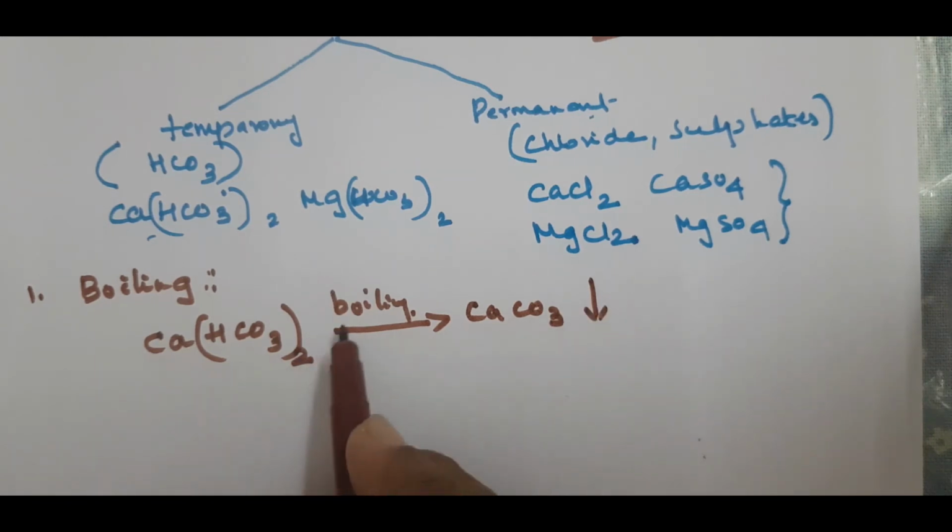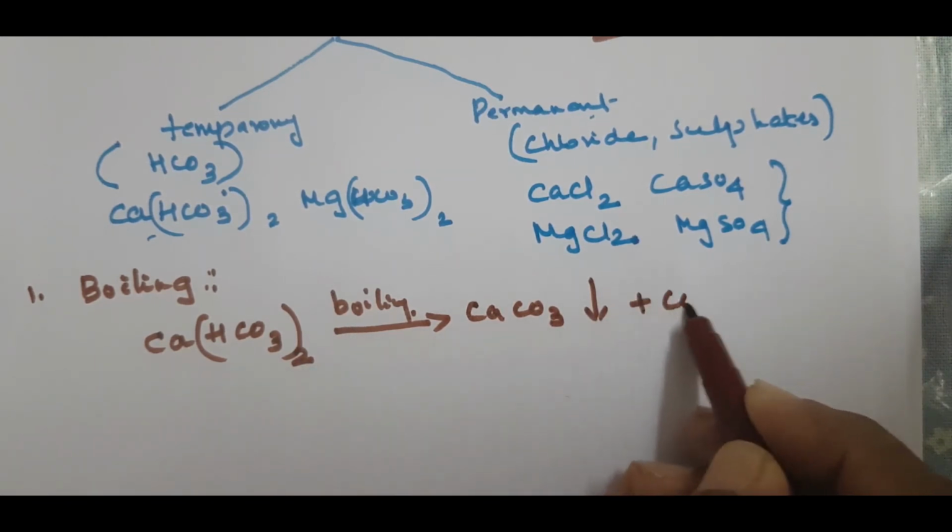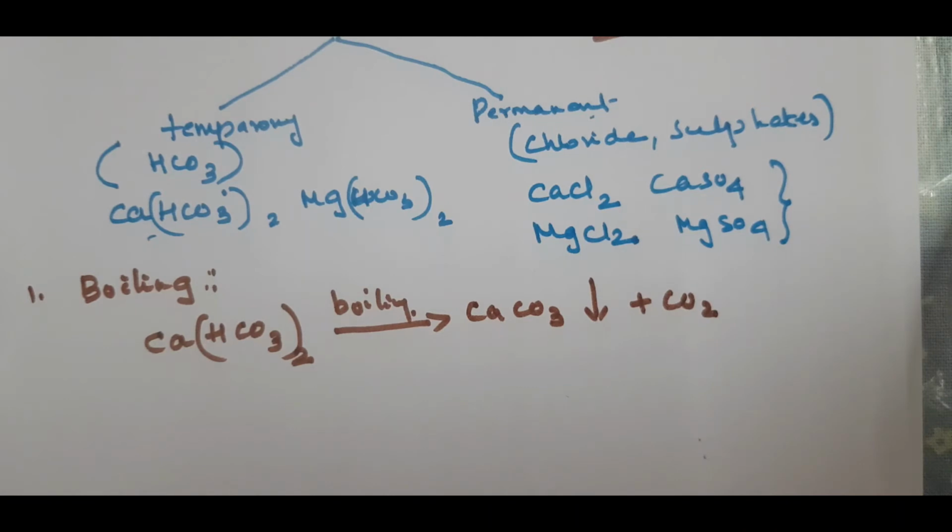So on boiling, it gets precipitated as calcium carbonate, and carbon dioxide is a gas, it will go off, no problem. So this calcium is being separated out and the water will become soft. The hardness of that water is getting removed by precipitating as calcium carbonate.